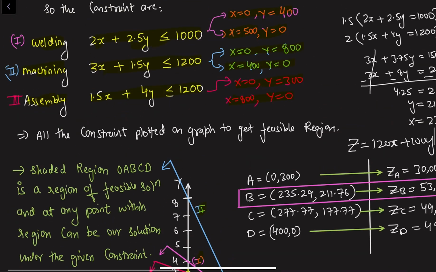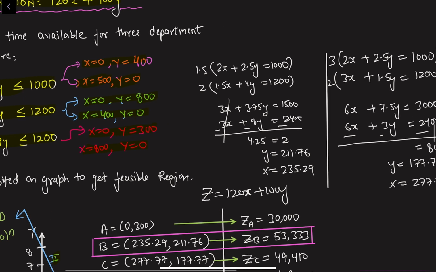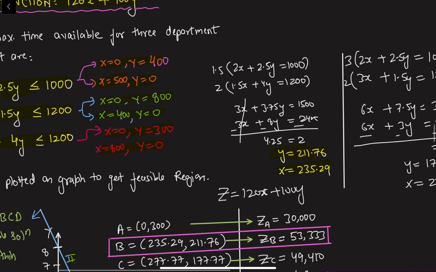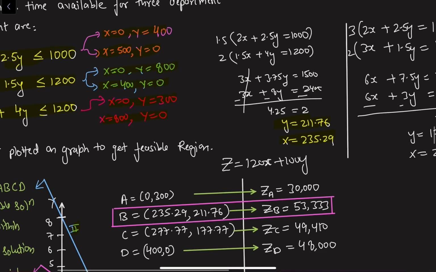So I have solved the equations to get the values of x and y, for corner point B and for corner point C.